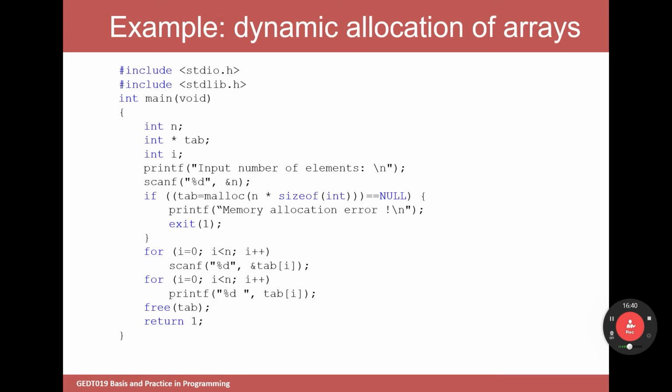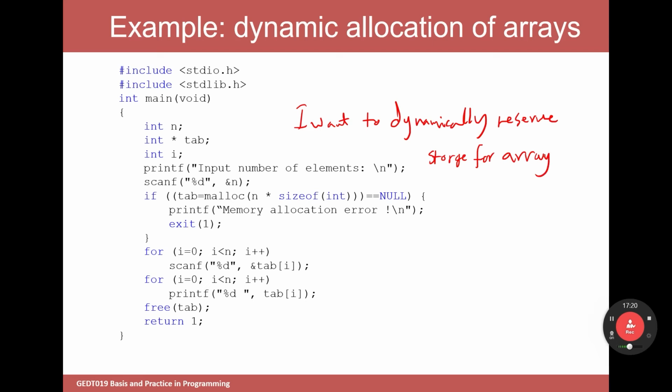Okay, so here is another example of how to reserve an array using memory allocation, or malloc. So you can reserve memory. For example, let's say here I have integer n, and then I want to make an array of integers. So I want to dynamically reserve storage for an array, okay?